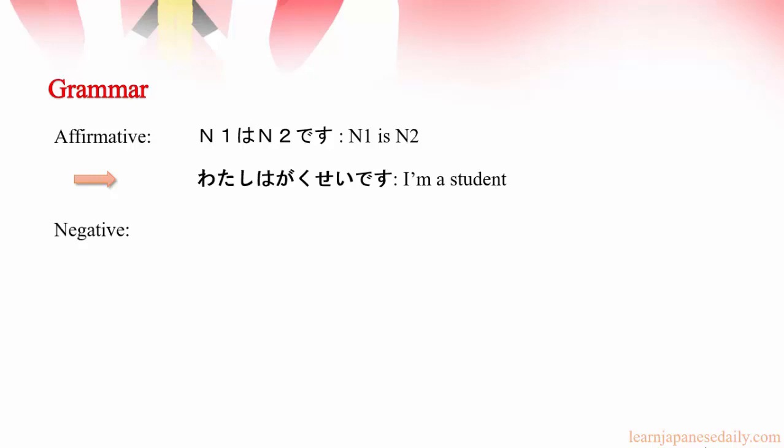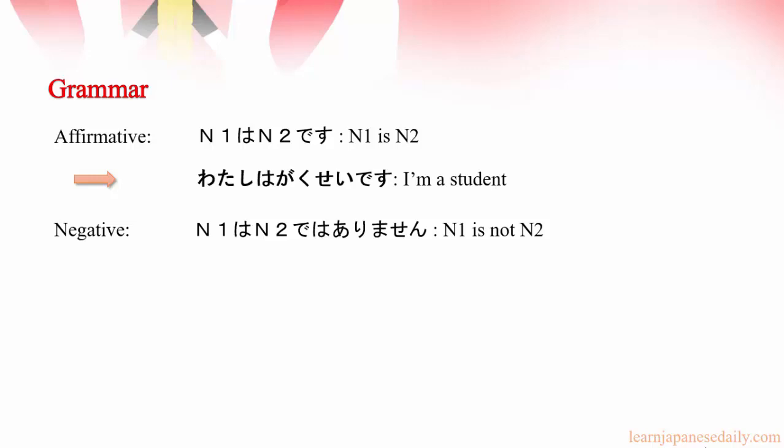The negative sentence is N1 は N2 ではありません. If you're observant, we only change this into ではありません. It means N1 is not N2. It is used in writing or solemn presentations.